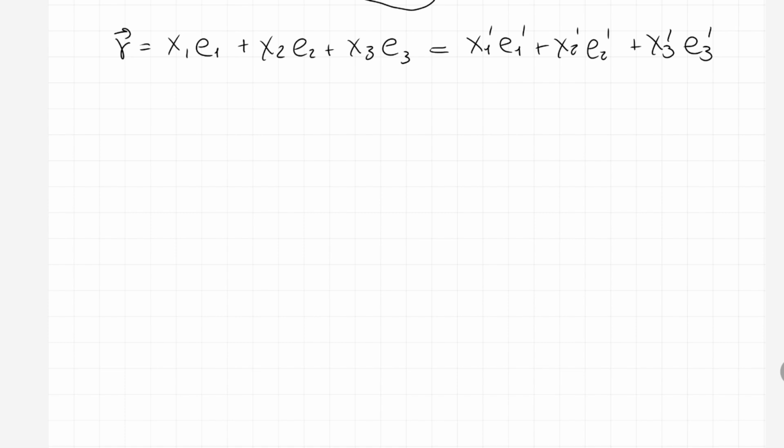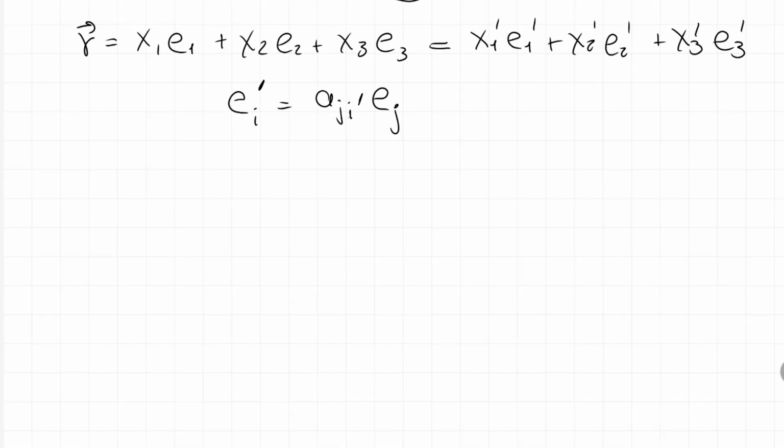And we can represent an equation that relates the two bases like this. For example, e_i prime will be equal to some constant that we will call a_ji prime times e_j. These quantities will be able to change in time.